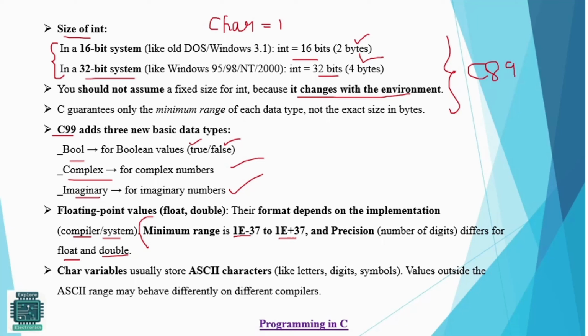Char variables usually store ASCII characters. ASCII characters are nothing but letters, digits, and symbols, and values outside the ASCII range may behave differently on different compilers. It varies.